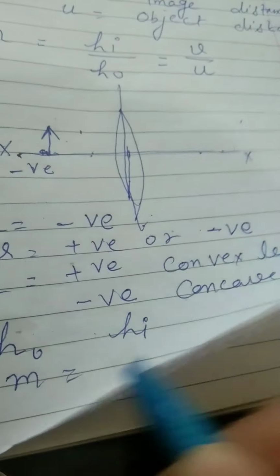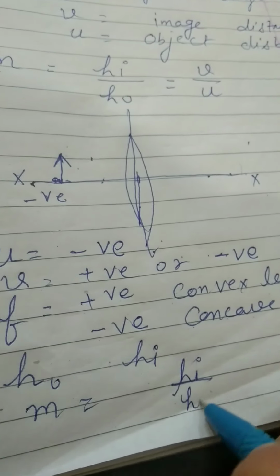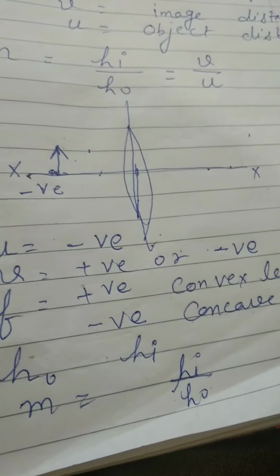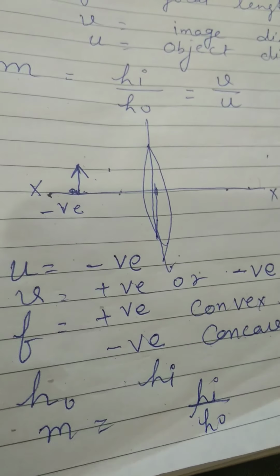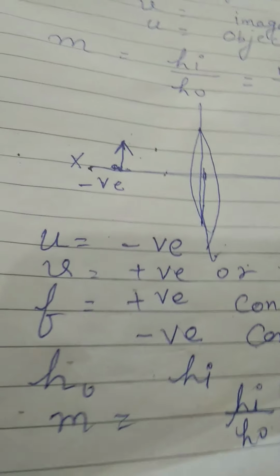Magnification is the ratio of height of image upon height of the object, and it has no unit because both are in meter or centimeter, so they cancel with each other.